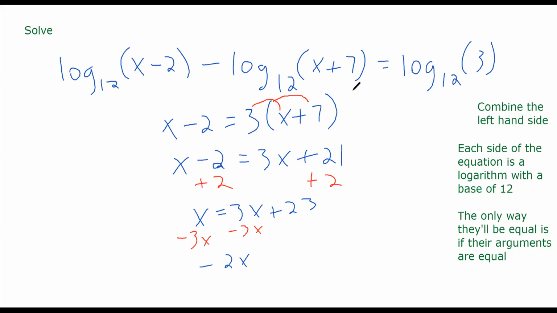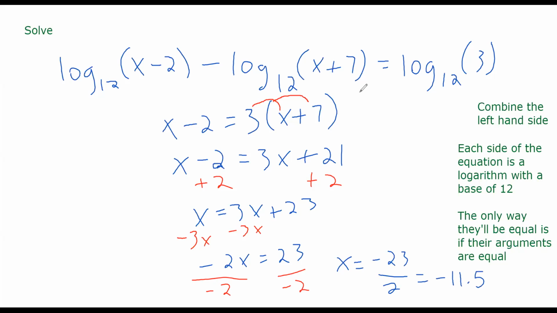Negative 2x equals 23. Divide both sides by negative 2. You'll end up with x equals negative 23 halves, or negative 11.5.